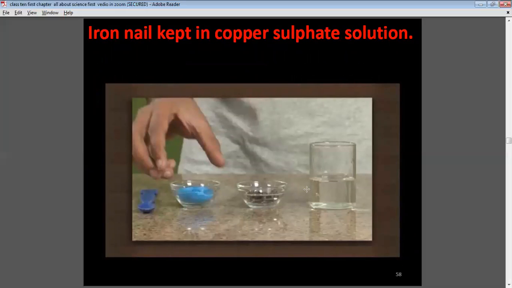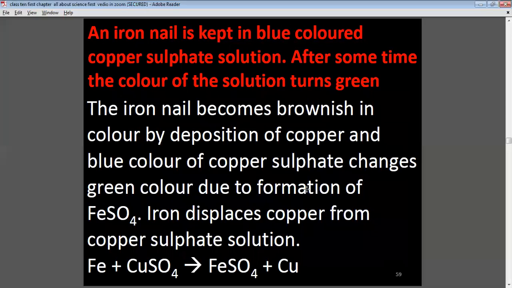Iron nails kept in copper sulfate solution. This is the figure of iron nails kept in a copper sulfate solution. When an iron nail is kept in a blue colored copper sulfate solution, after some time the color of the solution turns green. Why?